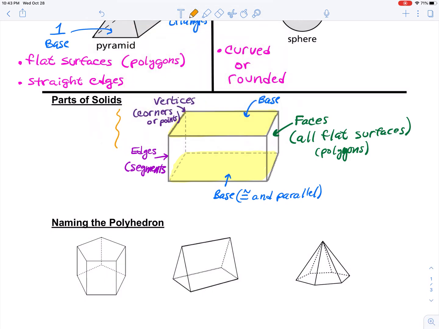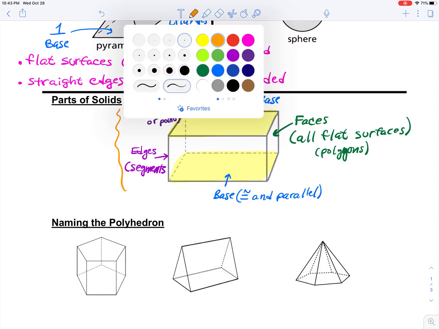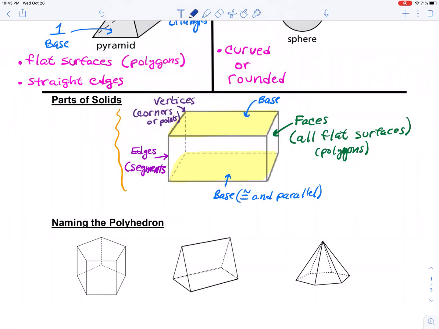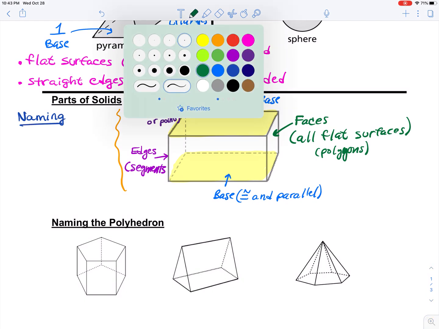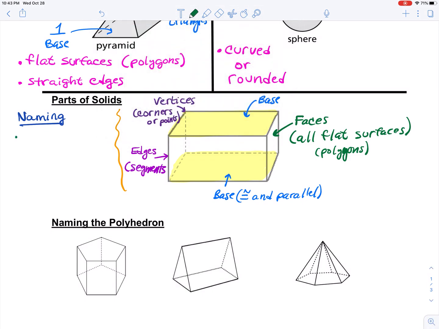So let me move over to the left a little more. If I want to name my polyhedron, naming, oops, let's try that again. Naming, you're always going to name it by the shape of the base.